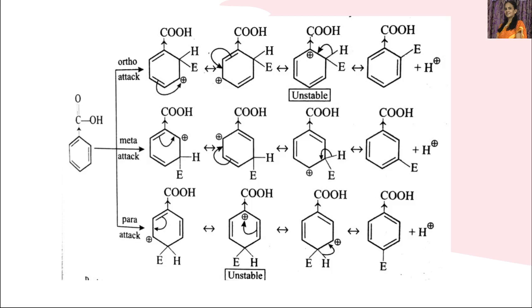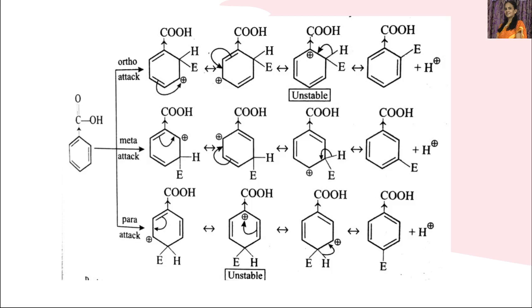Now let us see the different resonance structures produced due to these three different types of attacks. First of all, if the electrophile goes to ortho position, we can show here one particular ortho position, say the second position.